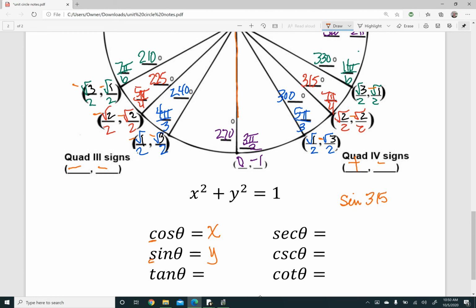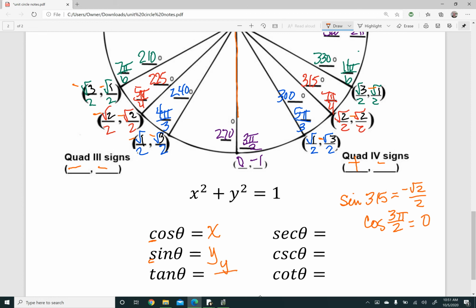The sine of 315 degrees is negative square root of 2 over 2. If I said, find the cosine of, let's say, 3 pi over 2, you would go to 3 pi over 2 right here. You would find the X value, because that's what cosine is, and you would tell me that it's 0.